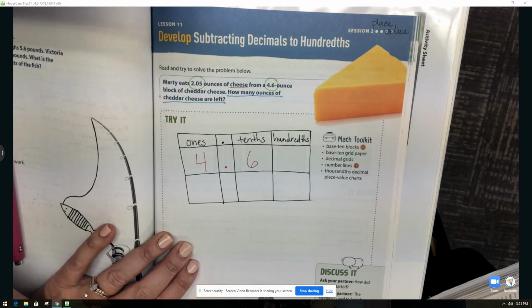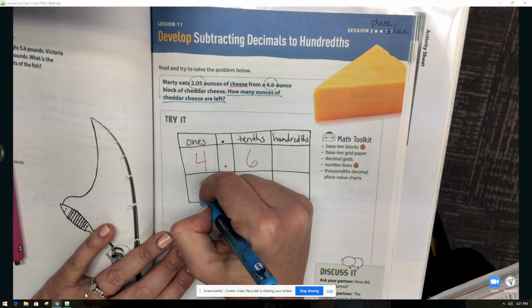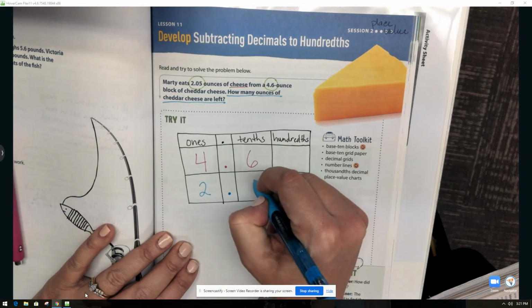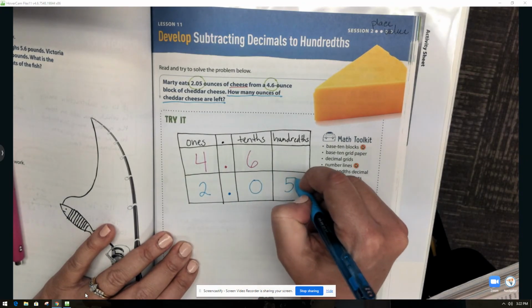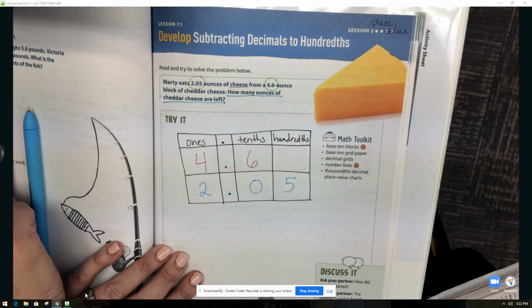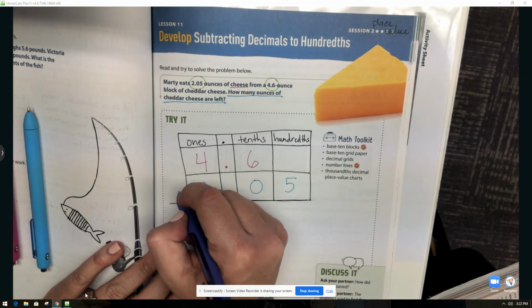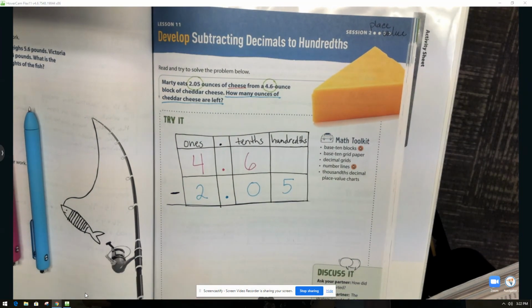Then from that, I'm going to subtract how much Marty ate. And he ate 2 5/100 of an ounce. So now that is what I need to subtract. So I'm going to make my little subtraction sign over here.